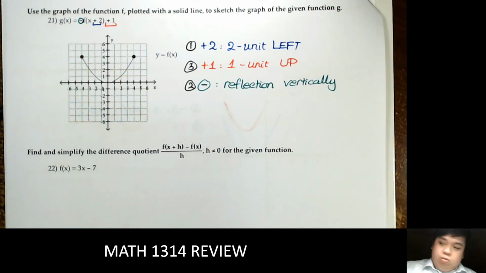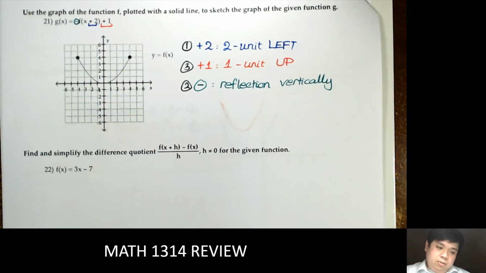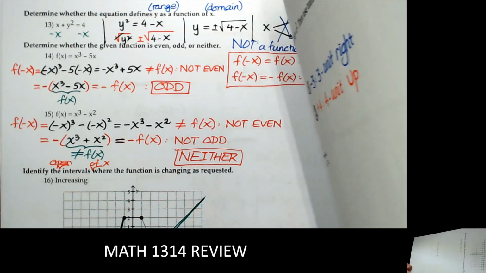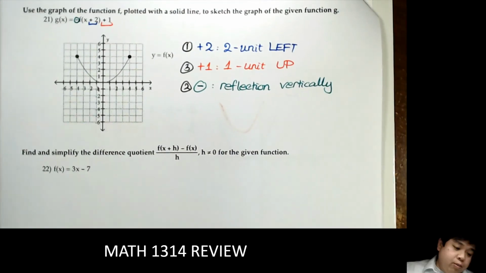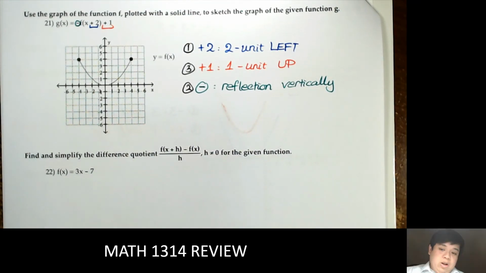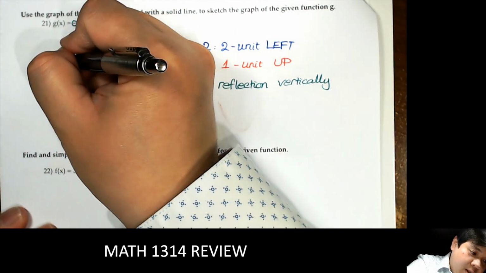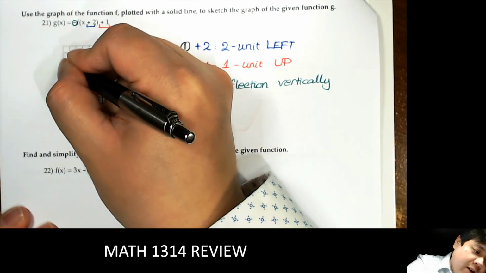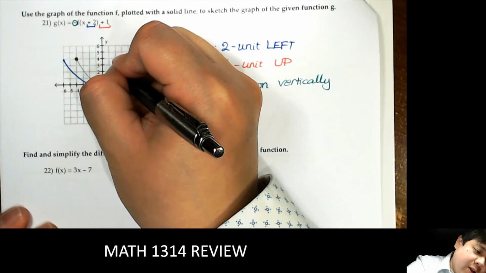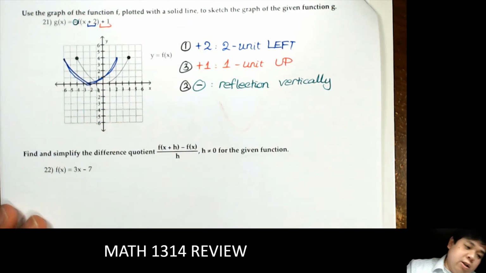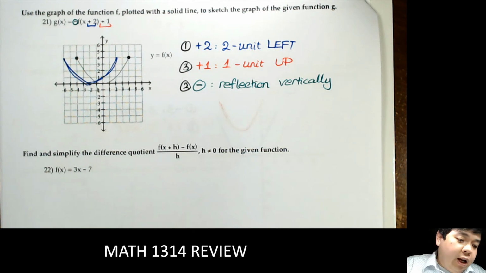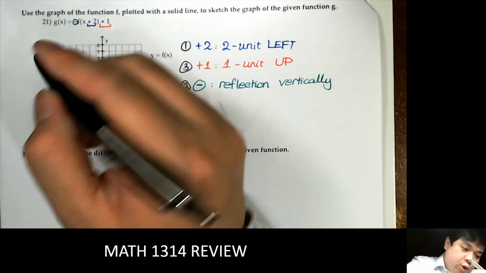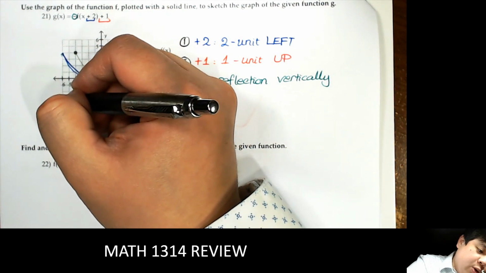So first move everything 2 units to the left. And then flip it upside down. So if we go 4 up, we go 4 down.